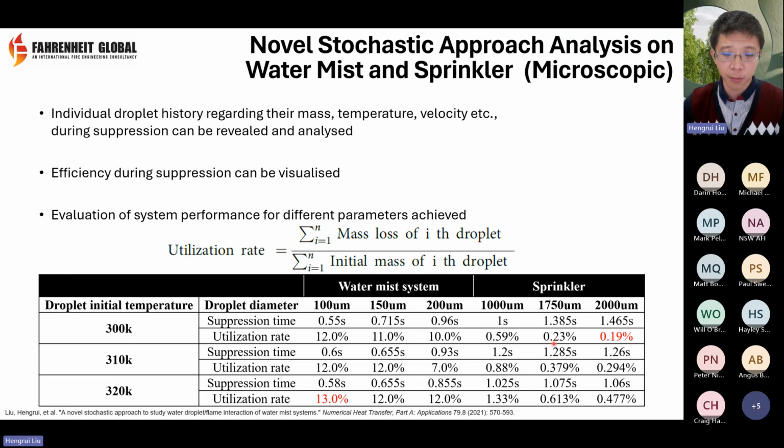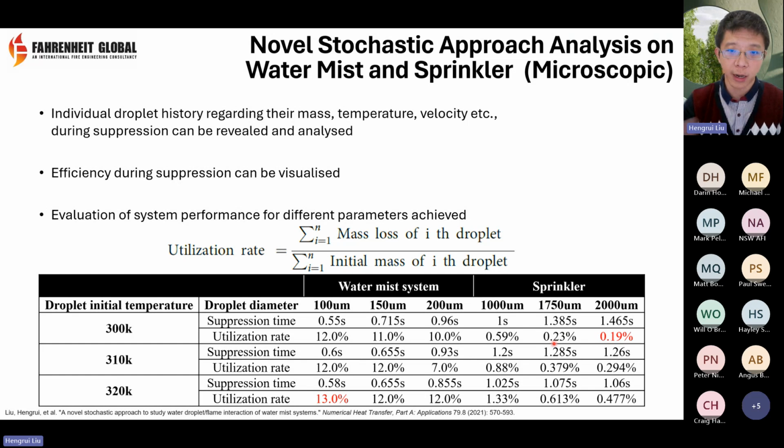So basically what that means is that as high as 13% of the water you put into the fire suppression can be very effective. But for the sprinkler system, it's probably only 0.19% of the water that is actively used during the suppression, or actually contributed or evaporated during the suppression.